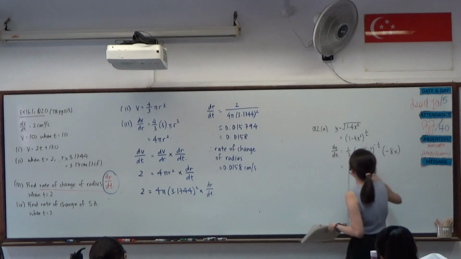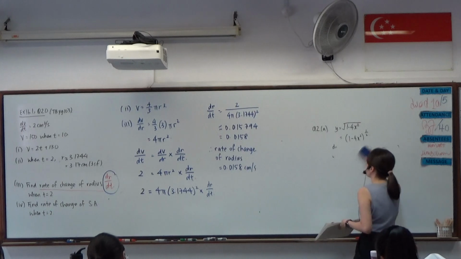So the rate of change of radius will be 0.0158.